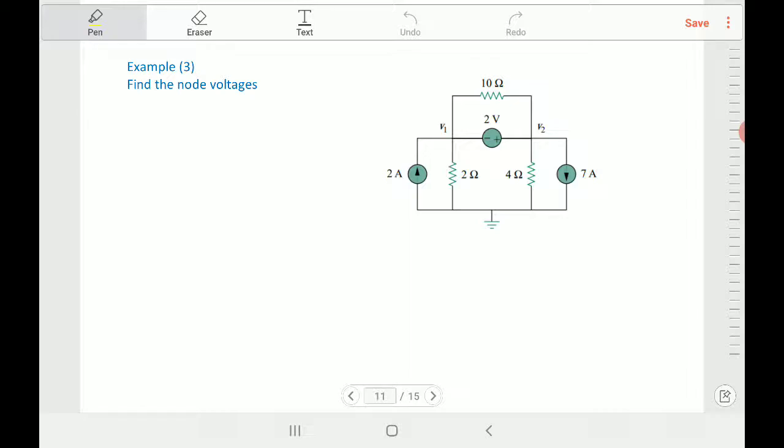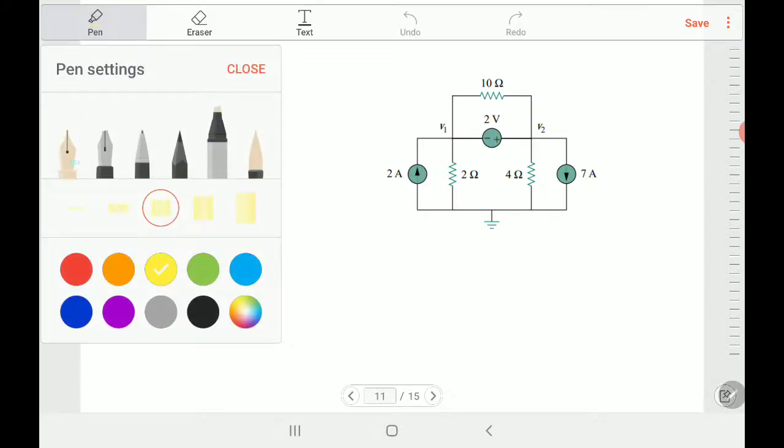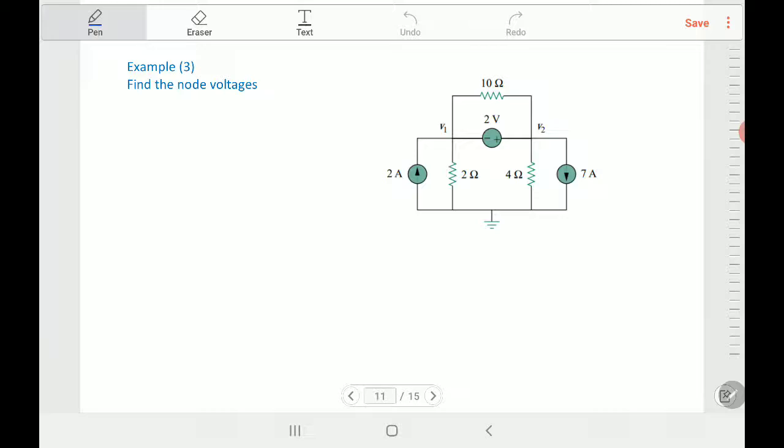Now we have this problem and we try to solve it. In this example, let's change the pen. How many nodes do we have here? 1, 2, 3, because this is the ground.